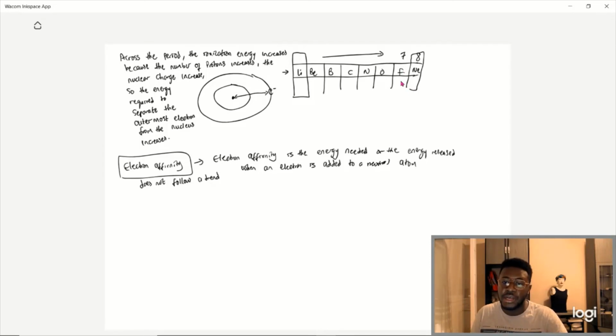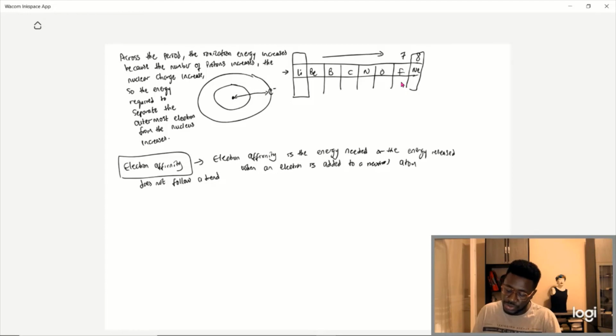So for group 7, since they have 7 electrons in the outermost shell, they are almost octets. So if you add one more electron, they're going to be very stable. And when something becomes more stable, they release energy. So because they're going from less stable to more stable, they're going to release energy.